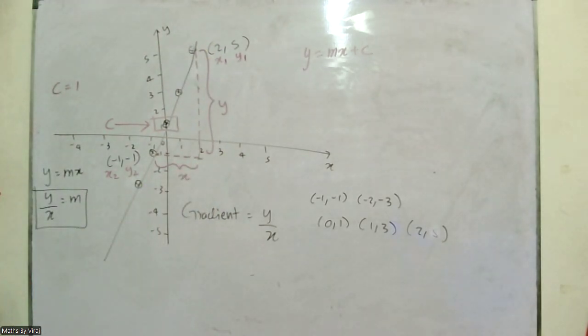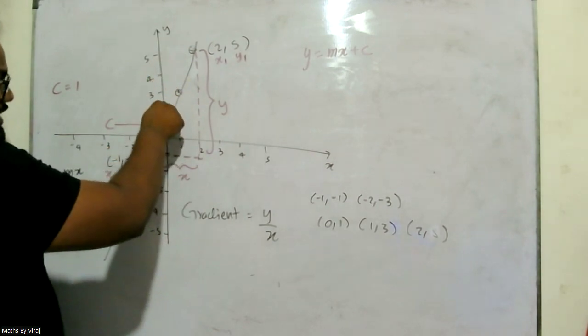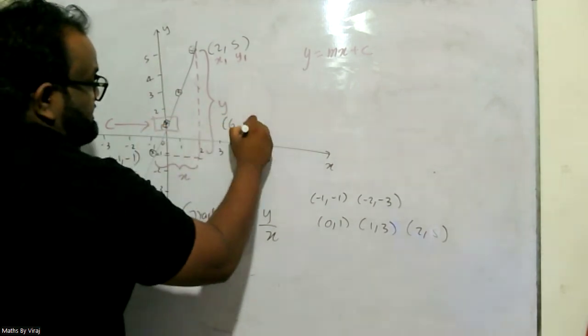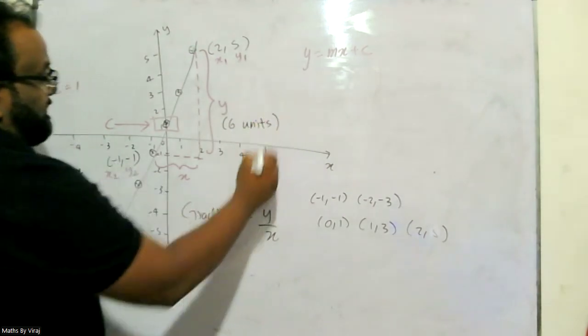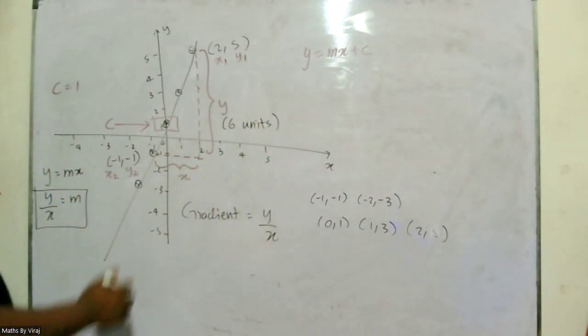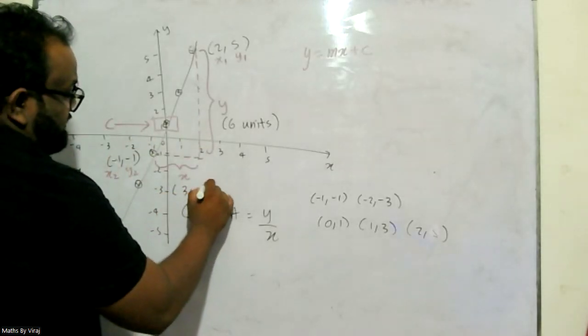How many points do I have? Let's count: 1, 2, 3, 4, 5, 6. There are 6 units. From -1 to 2, how many units are there? 1, 2, 3 units.